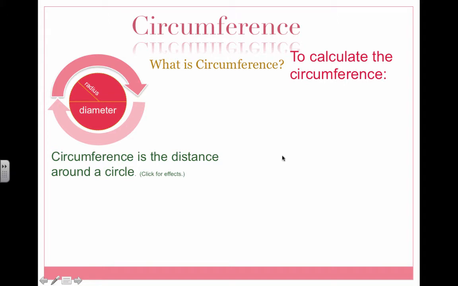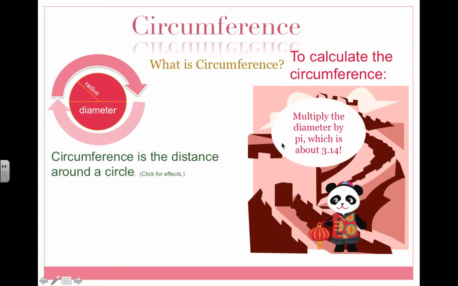To calculate the circumference, multiply the diameter by pi, which is about 3.14. So circumference equals pi times diameter, or you could write 2 pi r, because remember 2r is the same as diameter.